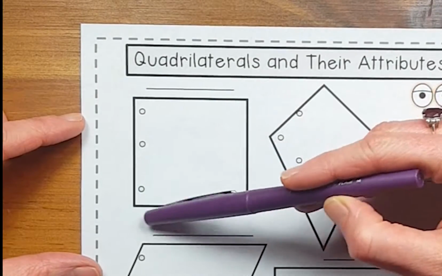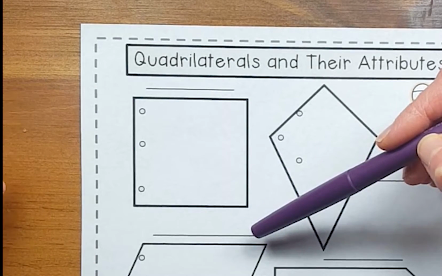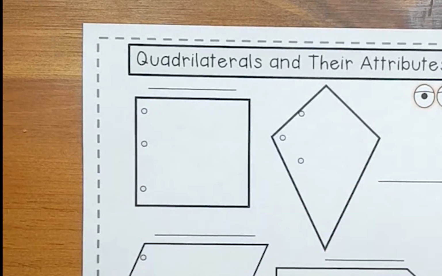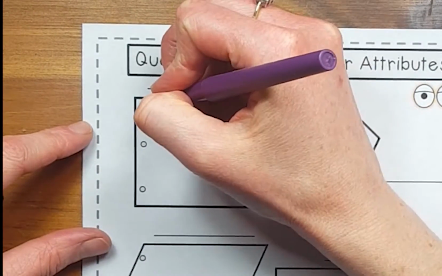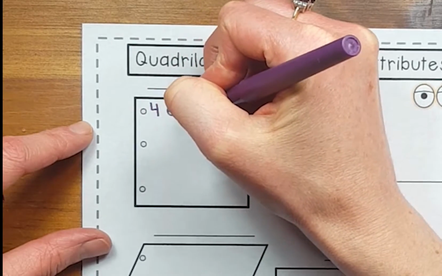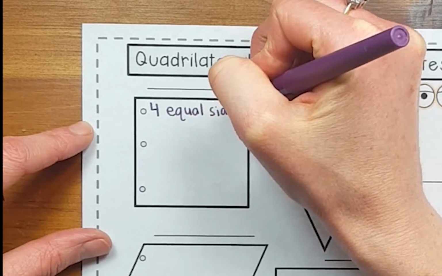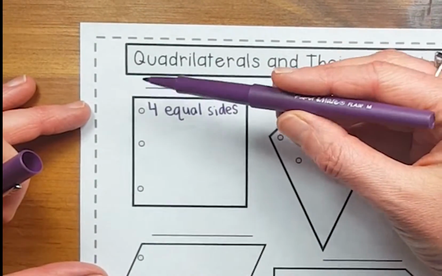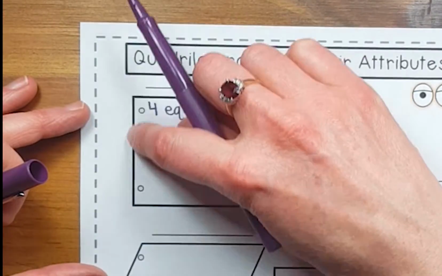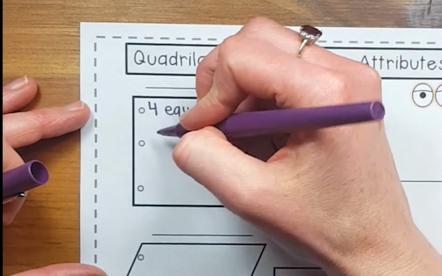Let's take a look at this shape and talk about its attributes for a second before we name it. Let's take a second to think about what we notice. Well, one thing I notice about this shape is that it has 4 equal sides. And as I look at the sides, I'm also noticing that there are 2 sets of parallel sides.